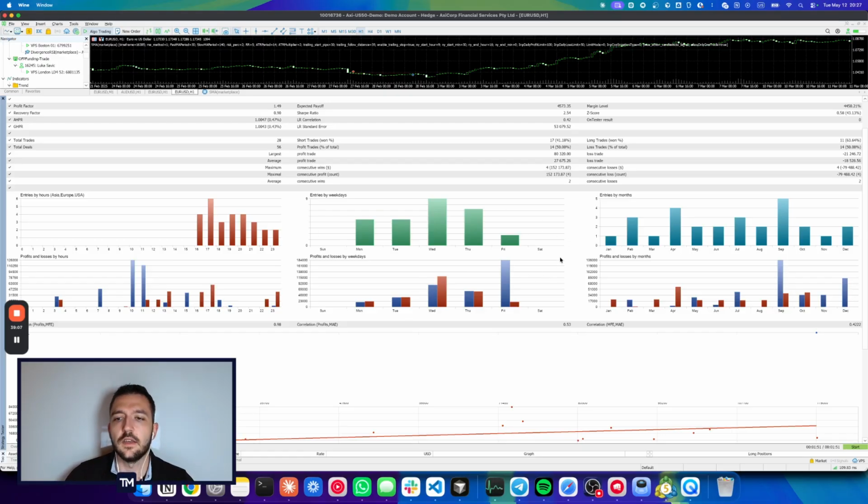Again, as I said, if you see that, for example, you're making money if you open trades on, let's say, the other half of the week, or for example on Friday you have the least amount of entries which are profitable, then you can use profits and losses by weekdays.